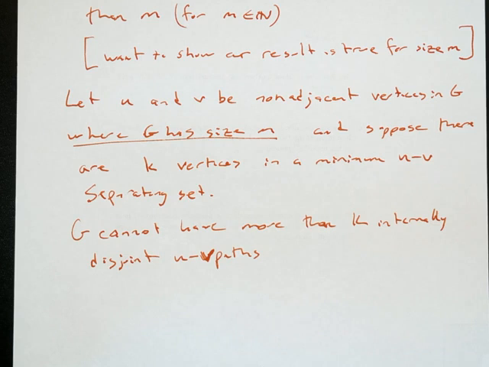Then when I took away the UV separating set, U and V are in different components. That means they're not connected to each other. How can I have another path? The size of my separating set is at least the minimum cut set size. It's a separating set, it's a vertex cut.